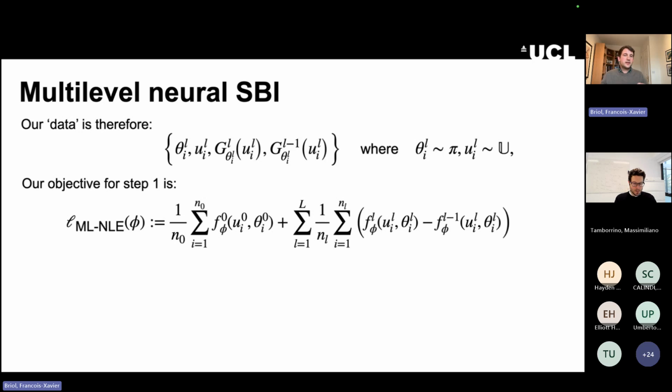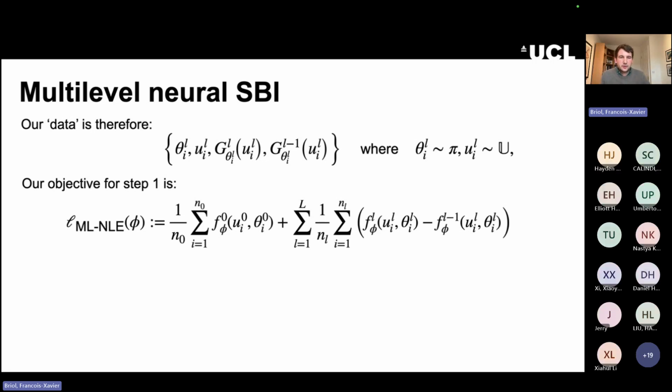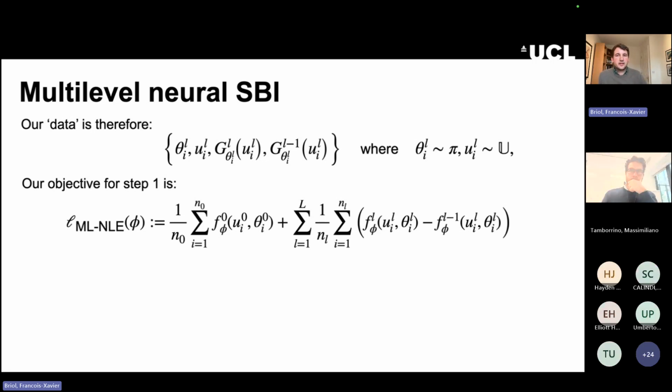And then instead of doing a Monte Carlo estimator of the objective we're trying to minimize, we're going to use a multi-level Monte Carlo estimator, which is as follows. Now, one key thing which is very important, and this is one limitation of the method that we've developed, is that you need to do seed matching. I need to evaluate consecutive generators on the same thetas and u's.